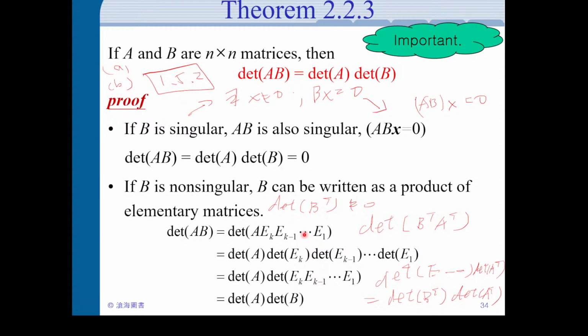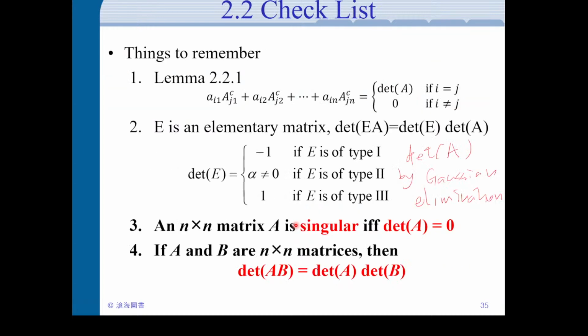You can go back to cofactor expansion to prove that, or you also have those for elementary operations on columns instead, because rows and columns are really symmetric for determinant calculation. Okay, question?